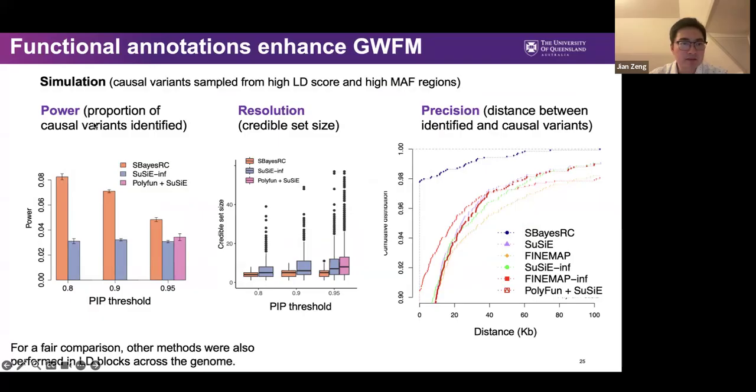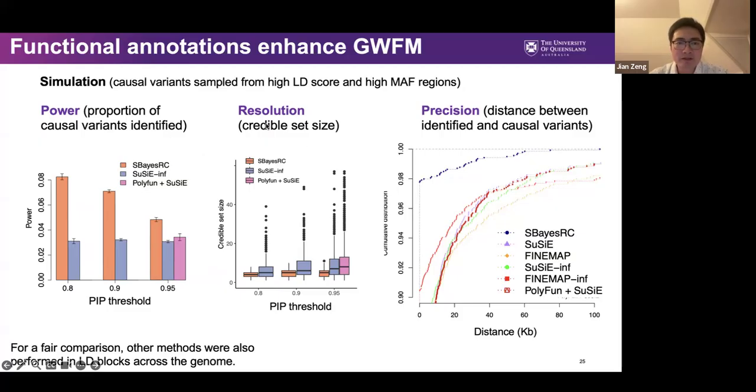Here, the power is defined by the proportion of the causal variants that can be identified from the credible set or single PIP SNP from different methods. And as you can see, depending on the PIP cutoff, the SBayesRC genome-wide fine mapping has a clearly higher power compared to the local fine mapping method.